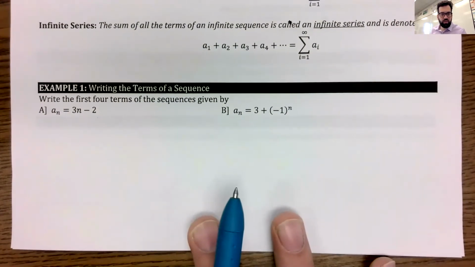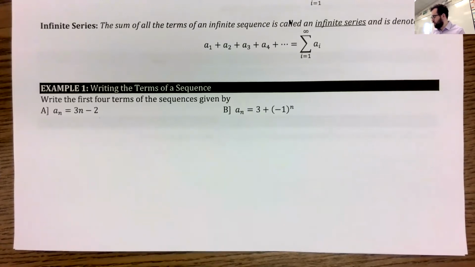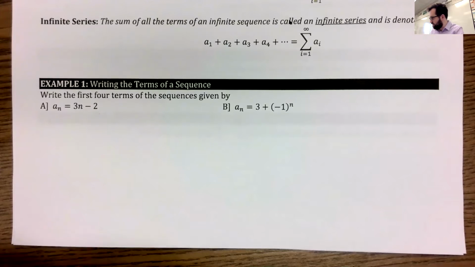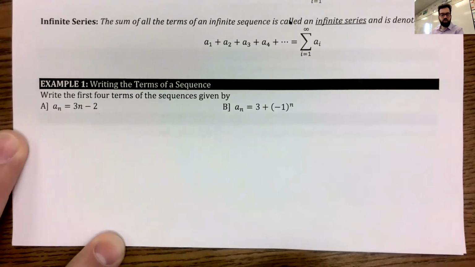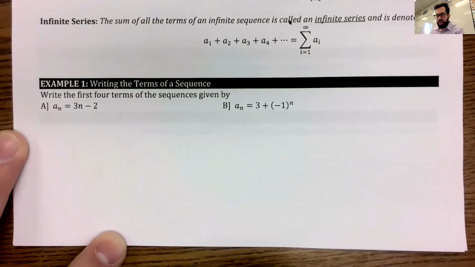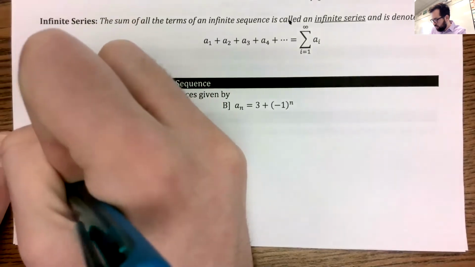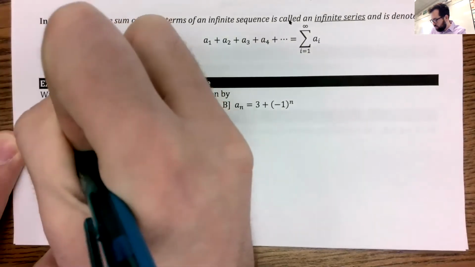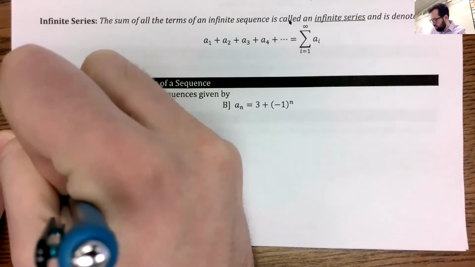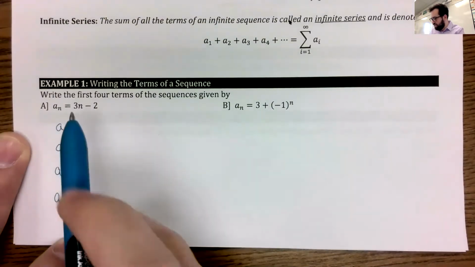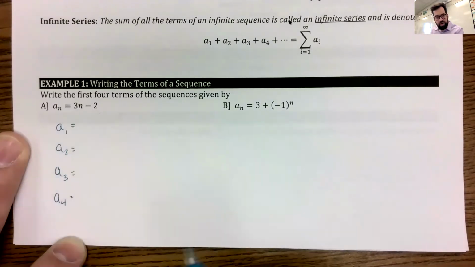Write the first 4 terms of the sequence given by each of these. In letter A, you see a sub n. We're going to write the first 4 terms. It means we're going to write out when n is 1, when n is 2, n is 3, and n is 4. So I could even list that out to start. All I'm going to do is plug in that number for n.